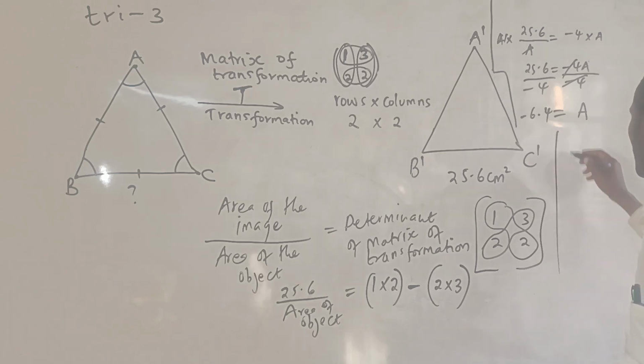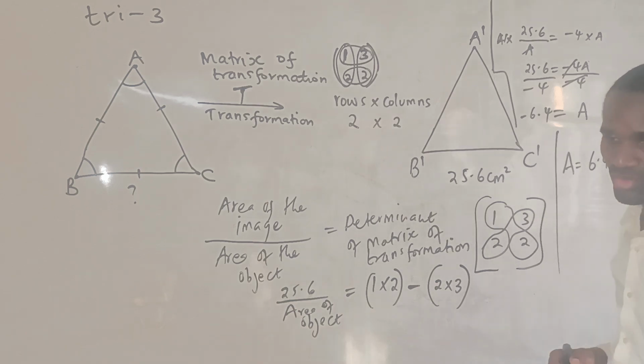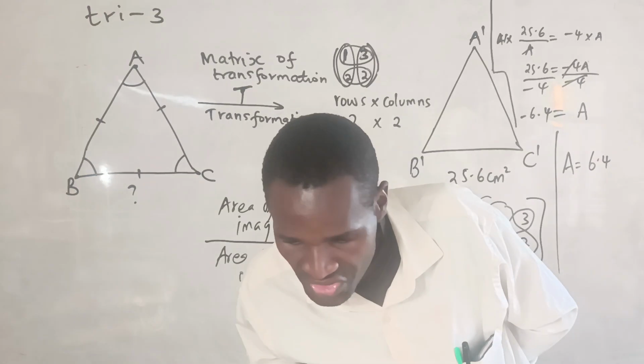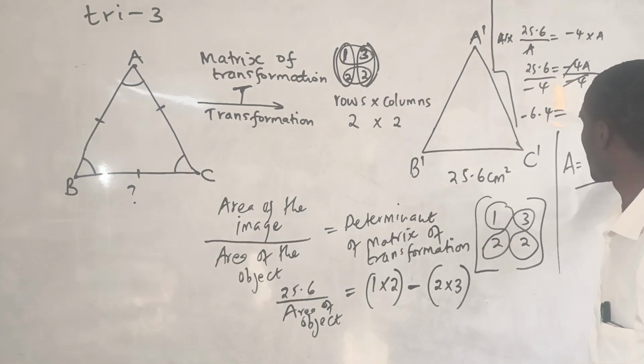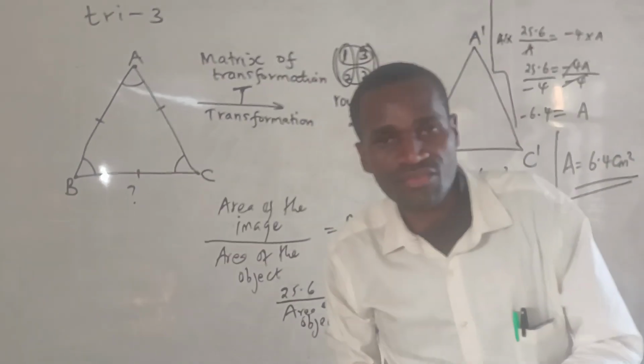So the area of the object should be equal to 6.4 units. What are the units? Centimeters squared. So 6.4 centimeters squared becomes the final answer for that question.